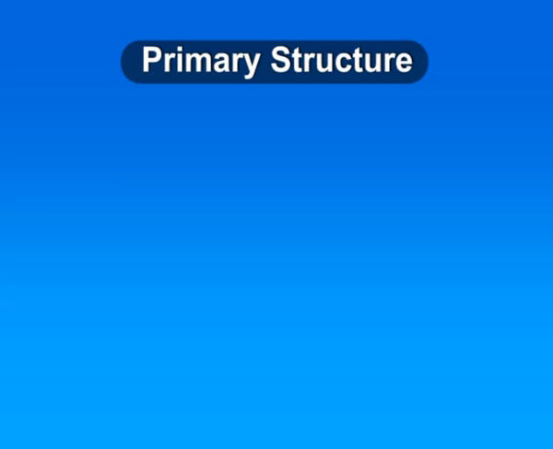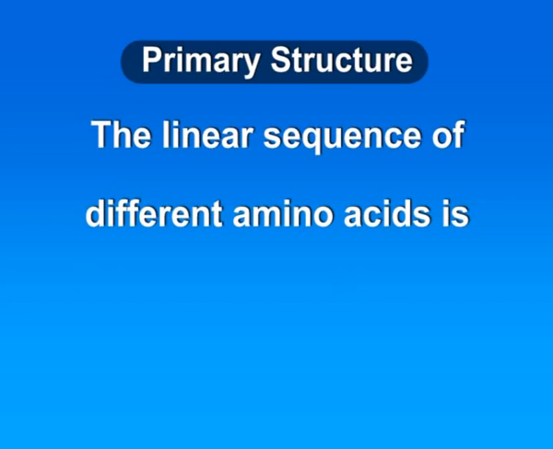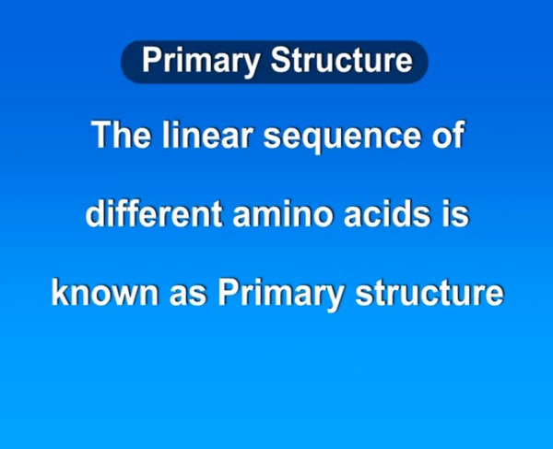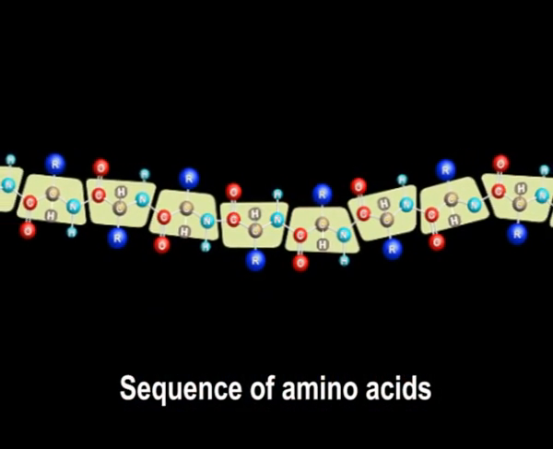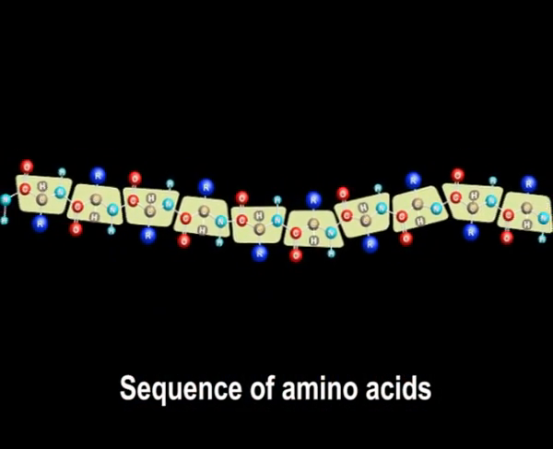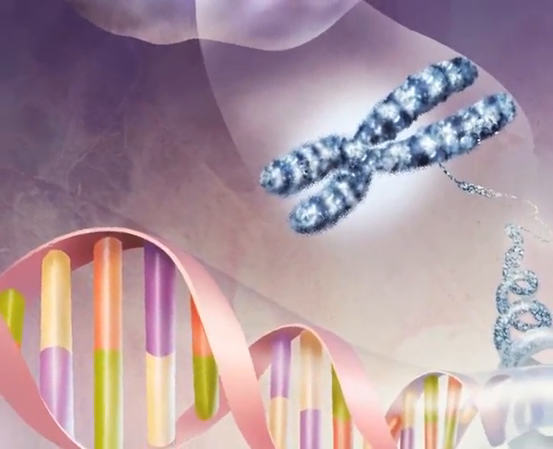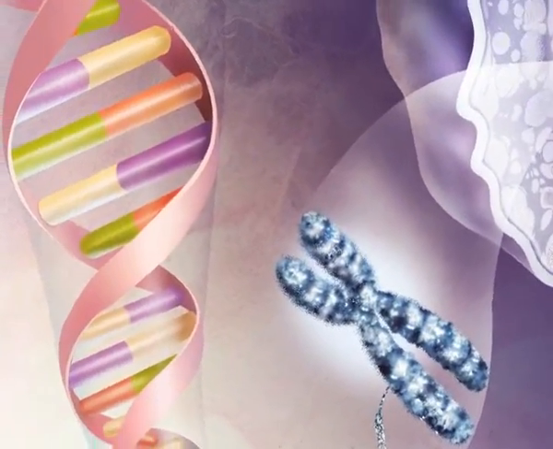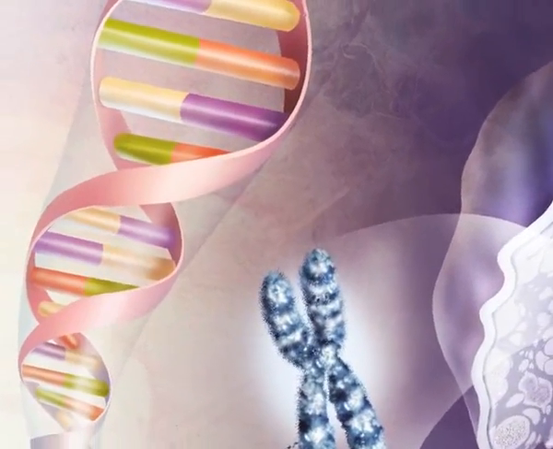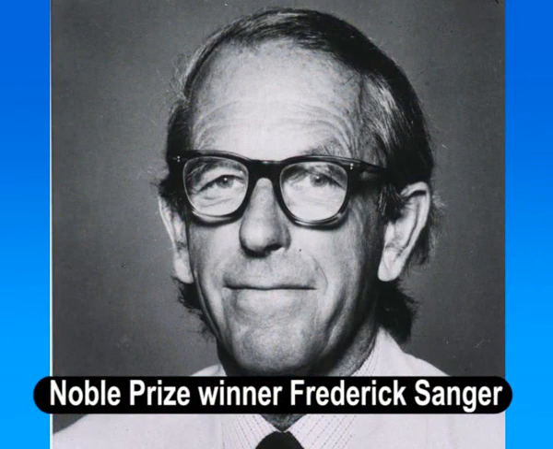Primary structure. The linear sequence of different amino acids is known as the primary structure of the protein molecule. The sequence of amino acids is determined by the sequence of nucleotides of DNA in the cell's nucleus. The work of finding out the amino acid sequence of protein was first pioneered by the double Nobel Prize winner Frederick Sanger and his colleagues.